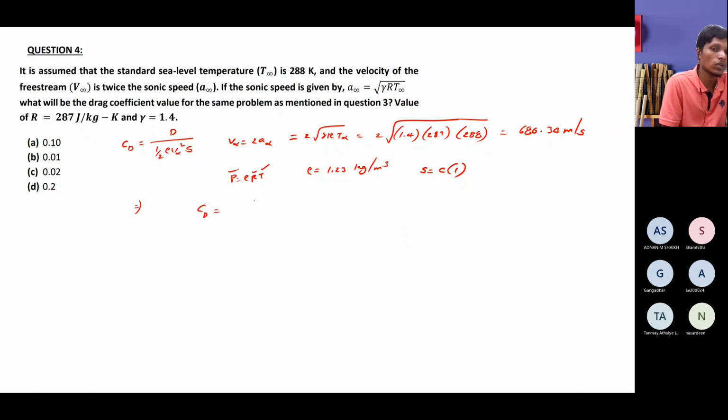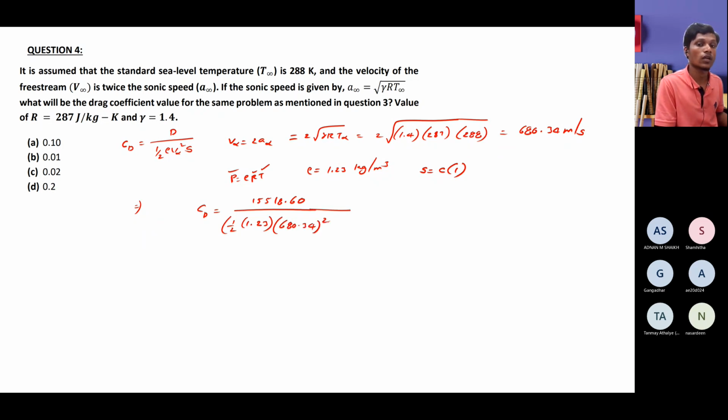You have the total drag of 15518.60 newtons, divided by half, times the density 1.23, times the velocity 680.34 squared, times the surface area, where chord equals 2.5 meters.